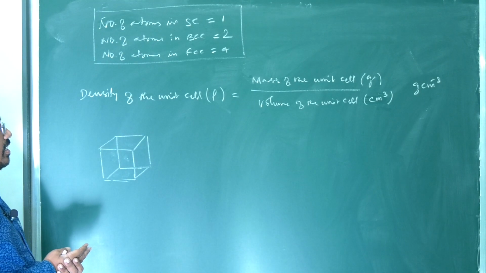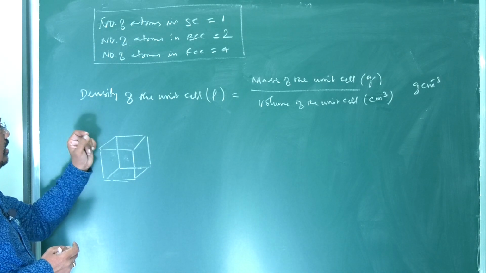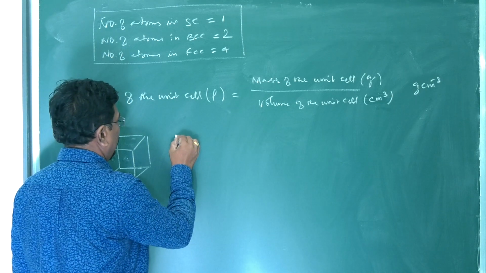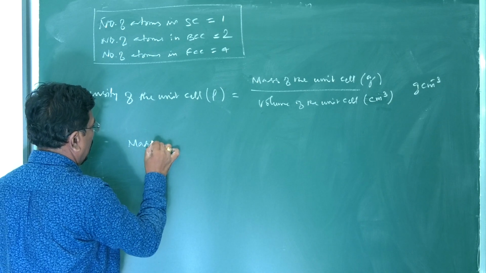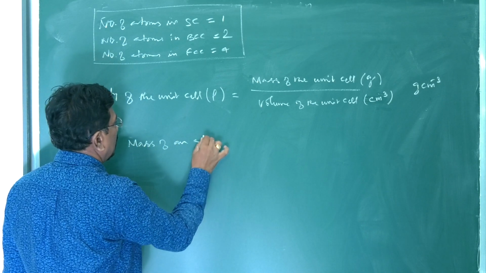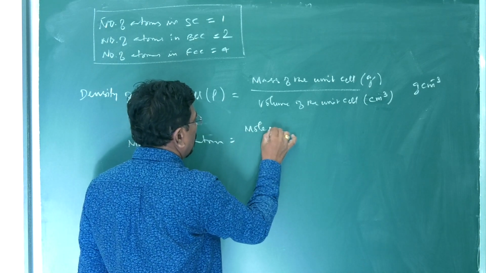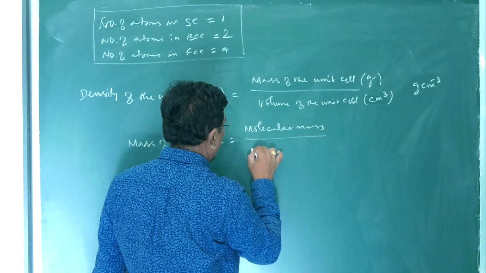Now when we calculate mass of the unit cell, we have to calculate number of atoms present in the unit cell into mass of a particular atom. How to get mass of an atom? Mass of an atom is equal to molar mass or molecular mass divided by Avogadro number.